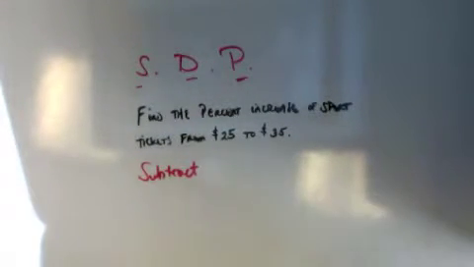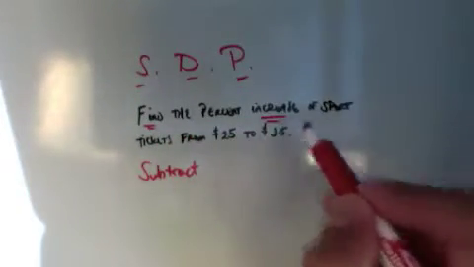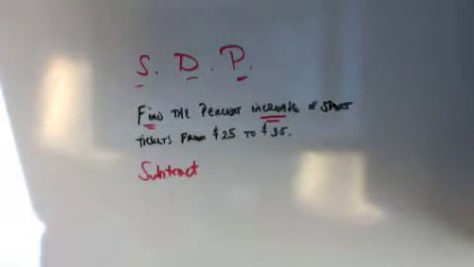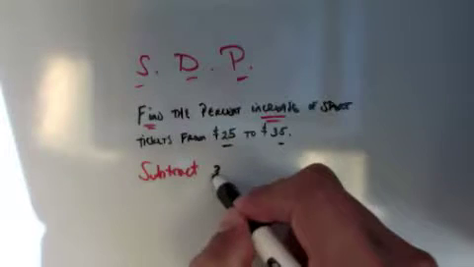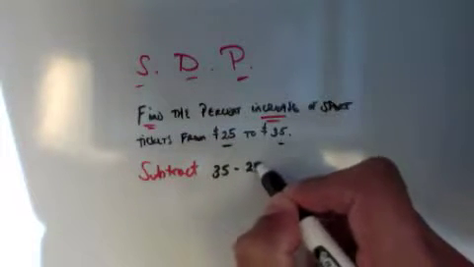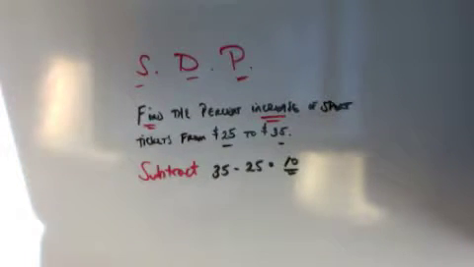If we're going to find the increase, or sometimes it'll be the decrease, we have to find the difference. So we're going to subtract the two values, and that's pretty easy. 35 minus 25 is going to give me 10. So that's $10.